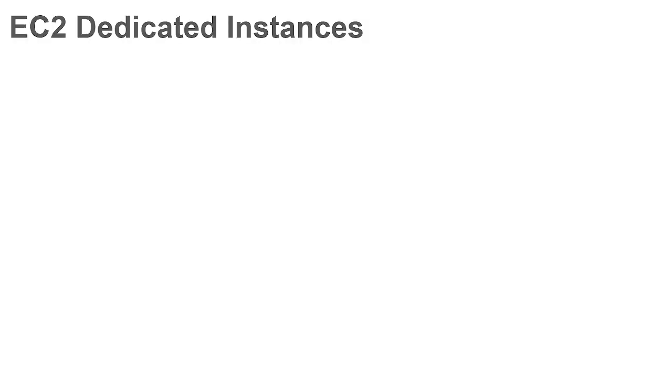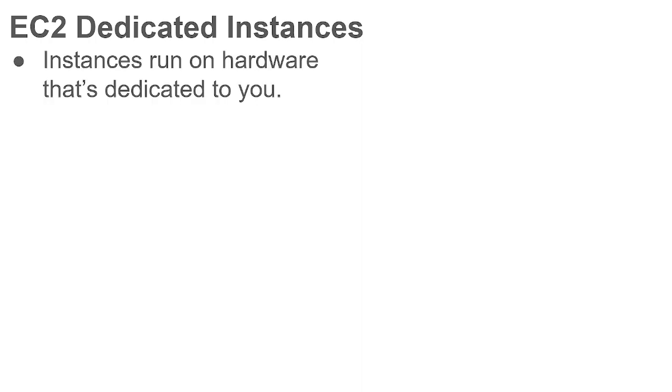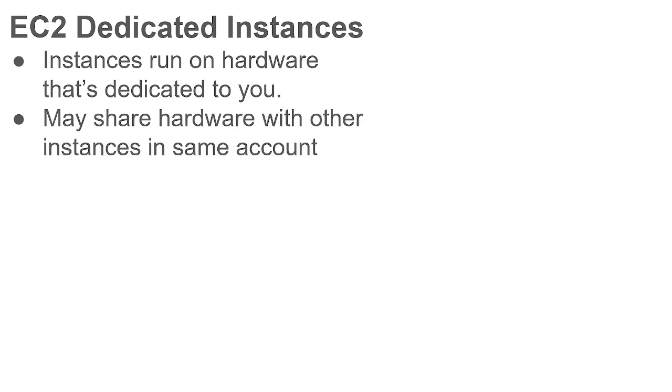Next are EC2 Dedicated Instances. These are instances that run on hardware that is dedicated to you only, you are not going to share it. But you may share hardware with other instances in the same account.